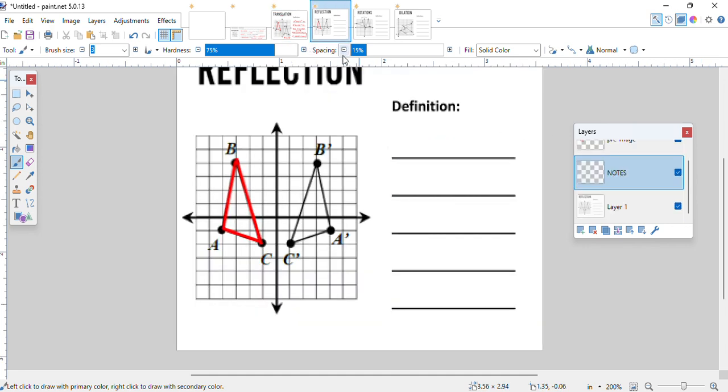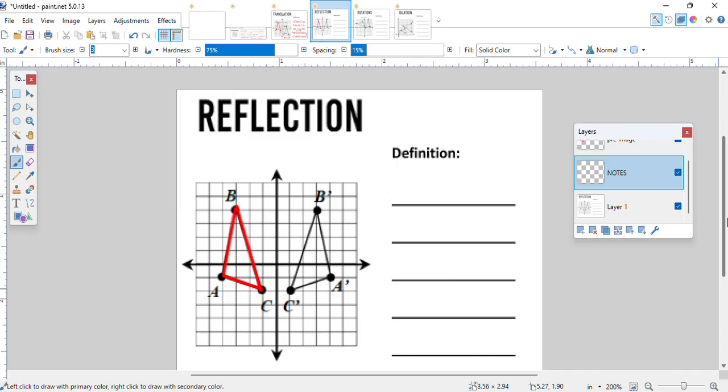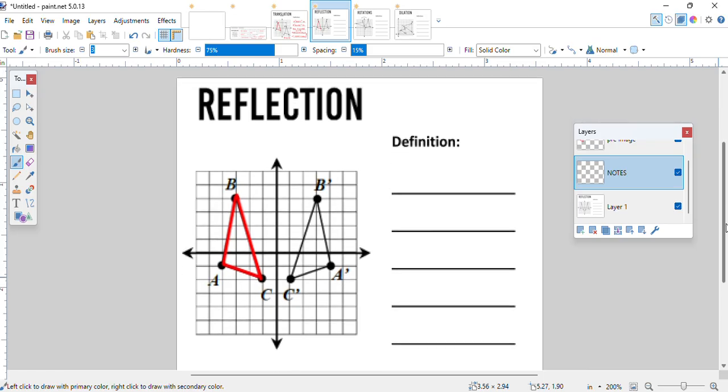Now, talking about our next thing, we have reflections. Reflections are a little different. A reflection we refer to as a flip. It is also referred to as a mirror. Most of the time we refer to it as a flip. The word is right there in the name.